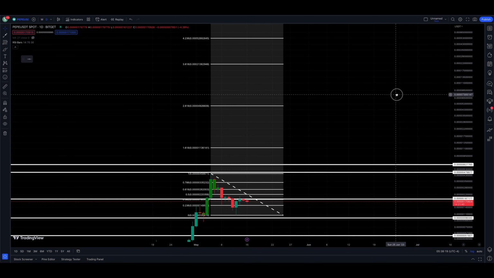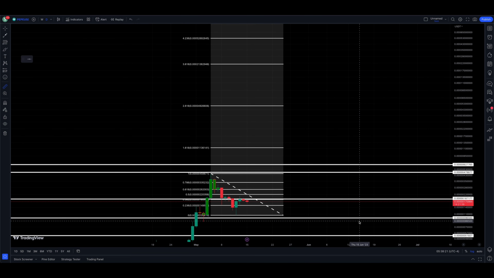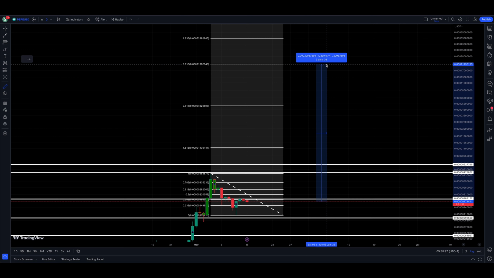2.618 gets us a 2,700% move higher in price. And if we get to that 3.618, which, you know, you can argue the market topped out there so far, that takes us to, give or take, a 12,000% move.